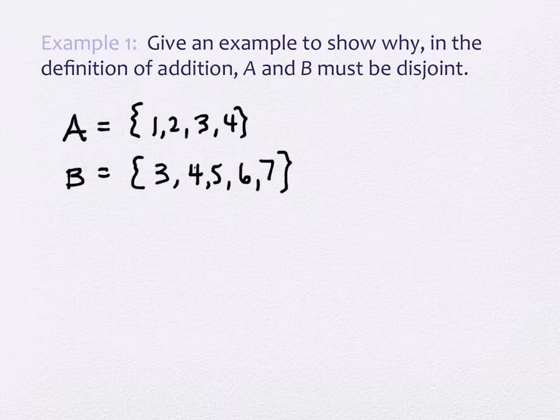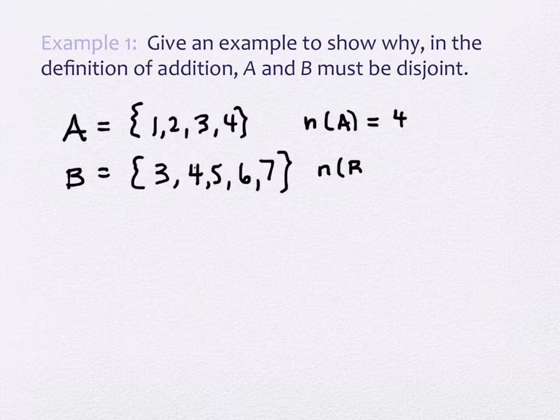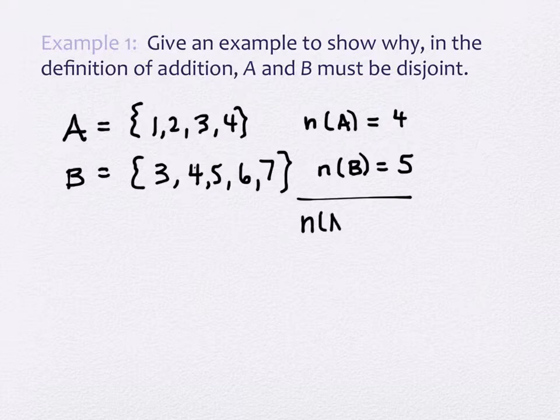All right, we're going to do some counting. n of A, how many items are in set A? 4. n of B, how many items are in set B? 5. What if I take n of A plus n of B? That's 9, just 4 plus 5.